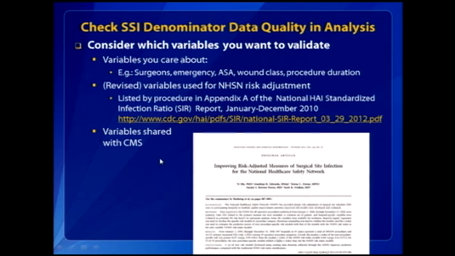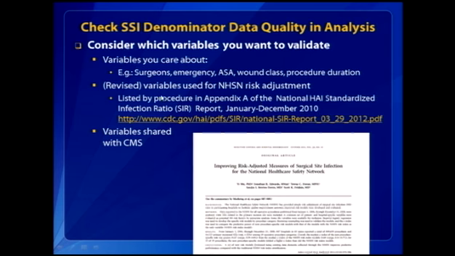In analysis, you can also check your SSI denominator data quality. You can look at variables that you care about, perhaps which surgeons have high rates of SSIs. You can look at emergency procedures and other risk stratification variables like the ASA score, wound class, or procedure duration.